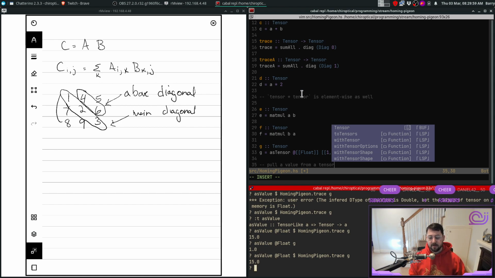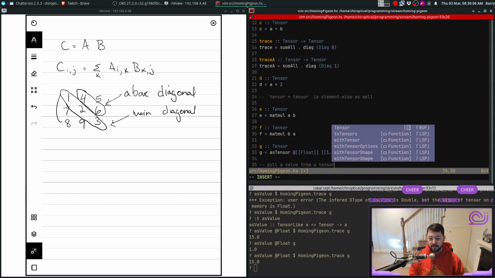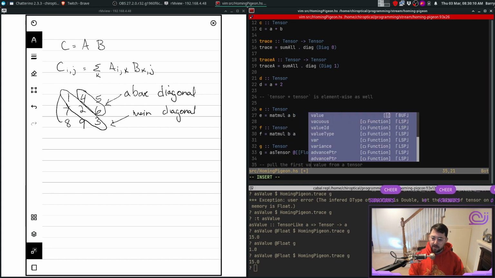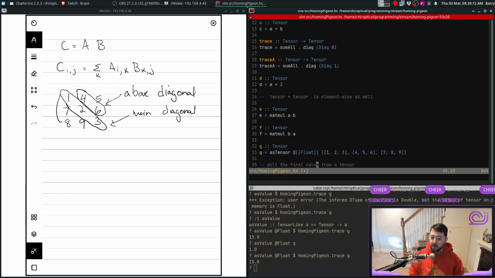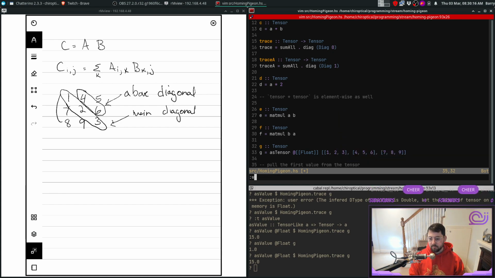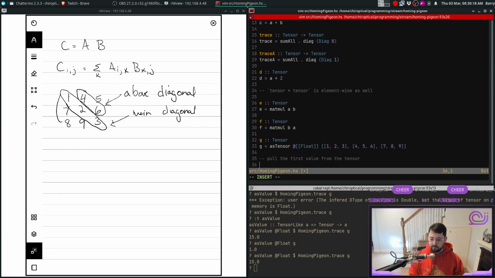So that's actually fine. If you do a complete reduction of whatever you're trying to do and then pull the value out, that's probably good enough. So this is like pull the first value from the tensor. Useful when doing reductions.